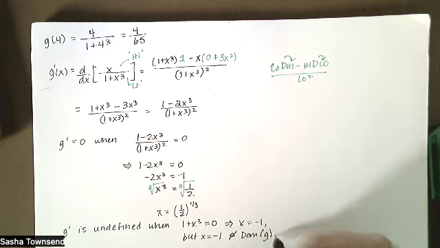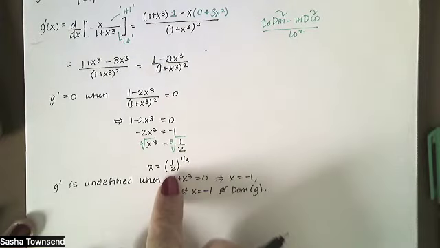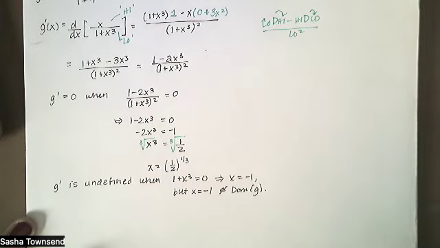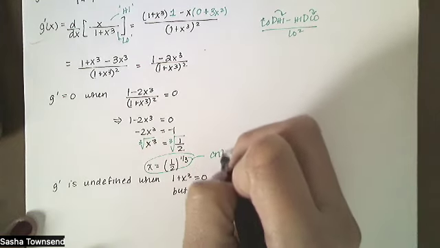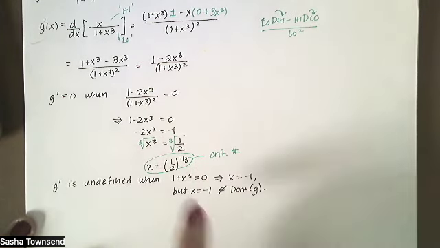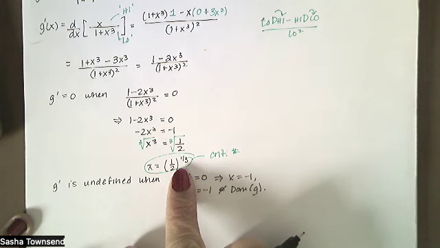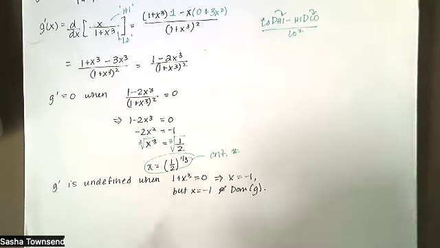So that's not a critical number. So the only critical number we have is this one. And it is a number on the interval from -2 to 4. I don't actually know what the value is, but I know it's small.